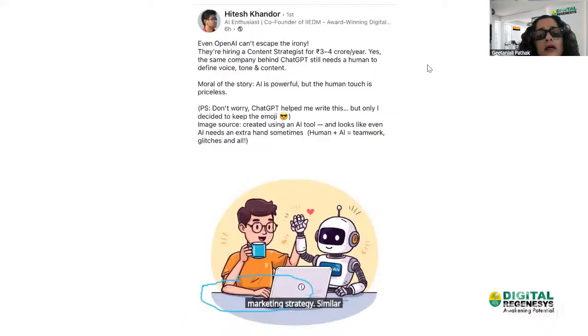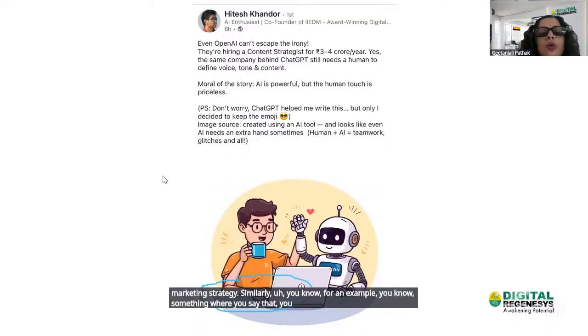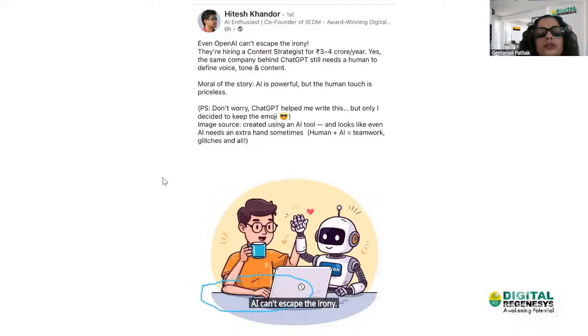Similarly, as an example, even OpenAI can't escape the irony. They are hiring a content strategist for 3 to 4 crore per year. Yes, the same company behind ChatGPT still needs a human to define voice, tone and content. So the moral of the story is, AI is powerful but the human touch is priceless.